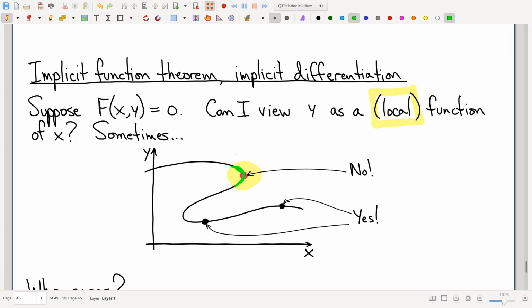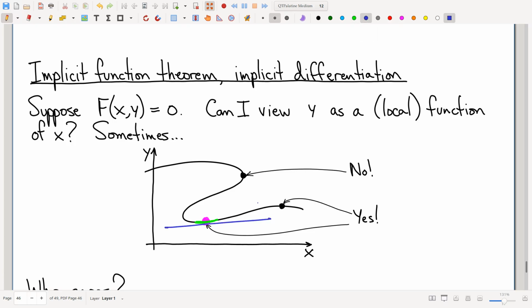Okay. All right, now why would we care about such a thing? What's the point of looking, say, here and wanting to talk about just a little bitty piece of curve? And the answer is, I might want to talk about the tangent line.